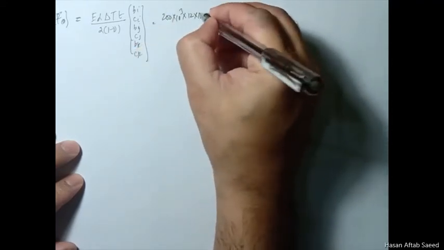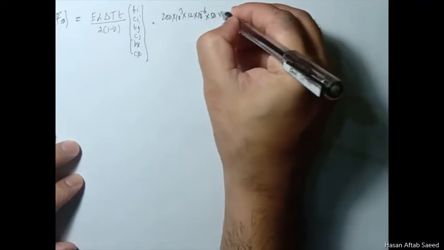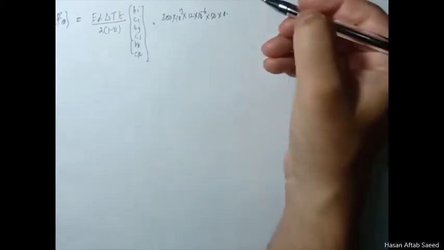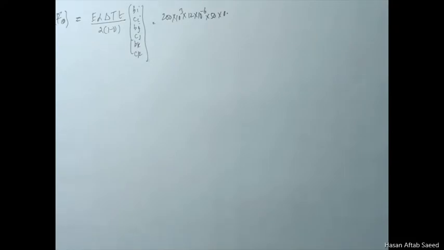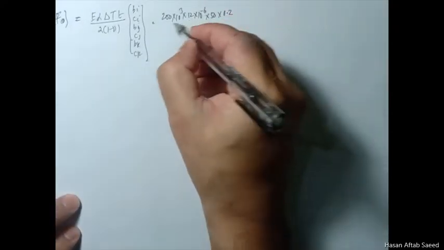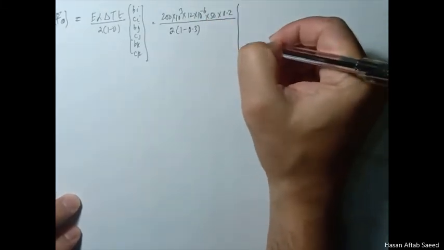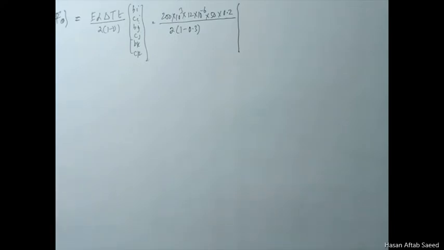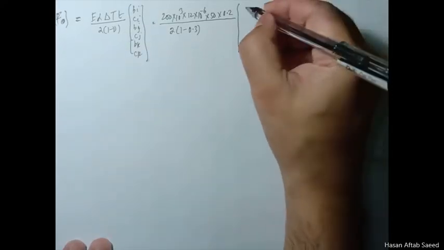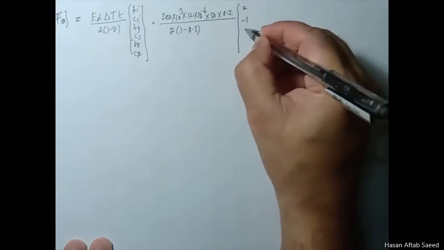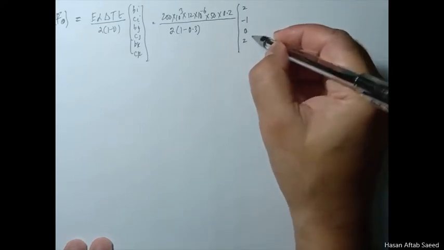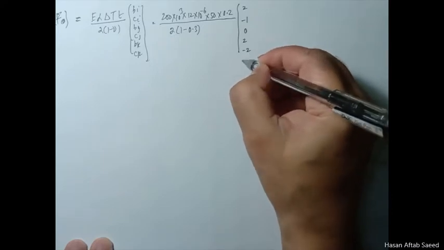210 raised to the power 3 into alpha was 12 into 10 raised to the power minus 6, delta T 50, thickness was 0.2, over 2 times 1 minus 0.3, and the values of bi ci etc. are also known to us, so that comes out to be 2 minus 1 0 2 minus 2 and minus 1.